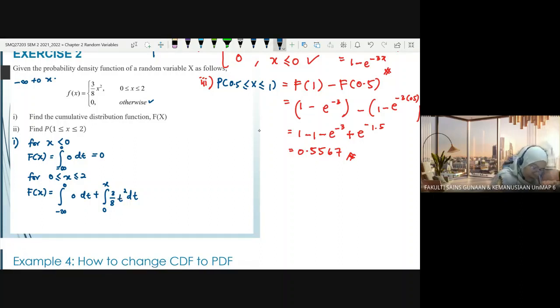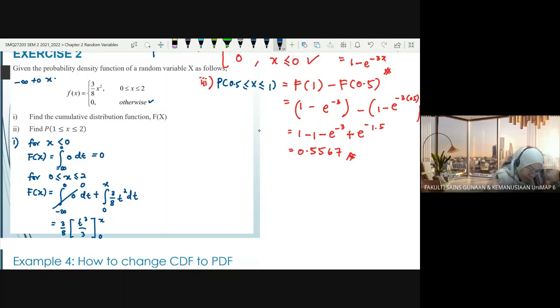Okay, then we know this is 0. Then we solve for the second part. So that would be 3 over 8, t cubed over 3 from 0 to x.